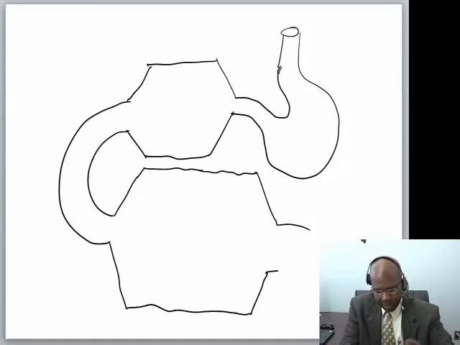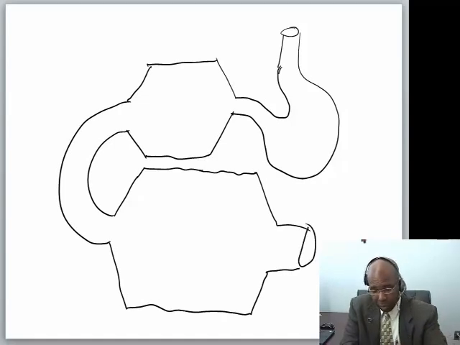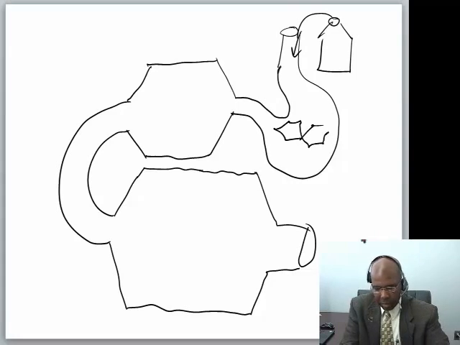What happens for these individuals is you ingest the milk, and there's your lactose. Then the lactose comes into the small intestines.